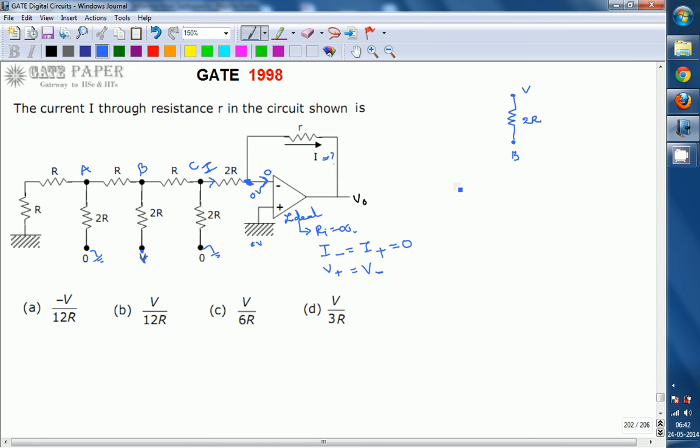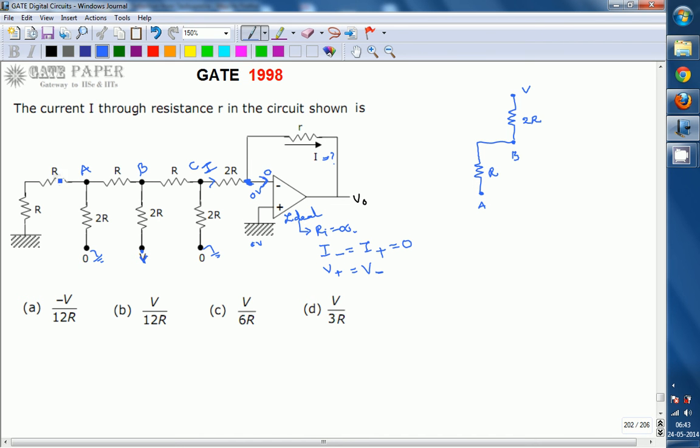From B we can move towards either the left side or the right side. First we will draw the left side equivalent from node B. The left side of node B has a resistance of R between node B and node A. This is node A. From node A to ground there is a 2R resistance, and there are two branches from node A, each consisting of 2R resistance.